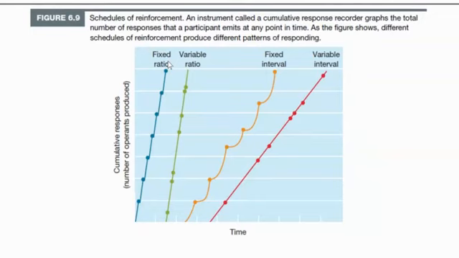If you work in a factory, you're paid based on how many parts of this machine you make or assemble. You're paid, say, $100 for every 10 items you assemble into a machine. That's how it works in a factory, applying to car workers on the assembly line. They follow a fixed ratio schedule of reinforcement, right?